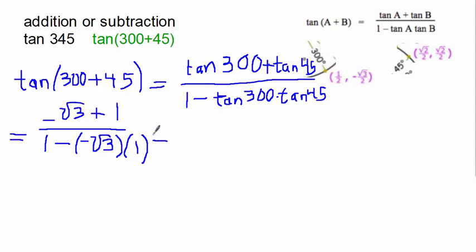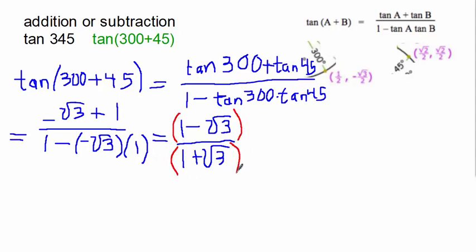So now when I clean this up, I'm going to go ahead and switch the order of this. So I get 1 minus the square root of 3 over 1 plus the square root of 3. Do you see how we're going to use the conjugate again? Multiply by the conjugate of the denominator.